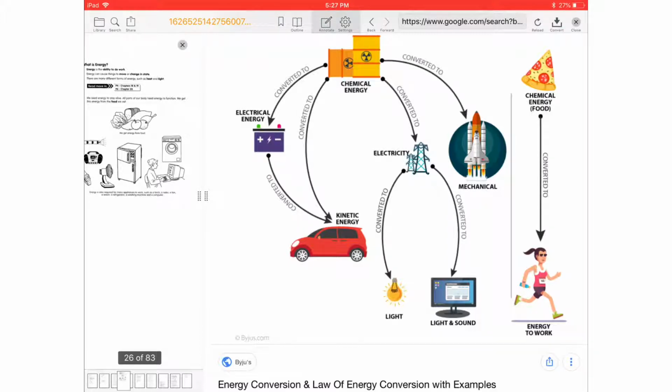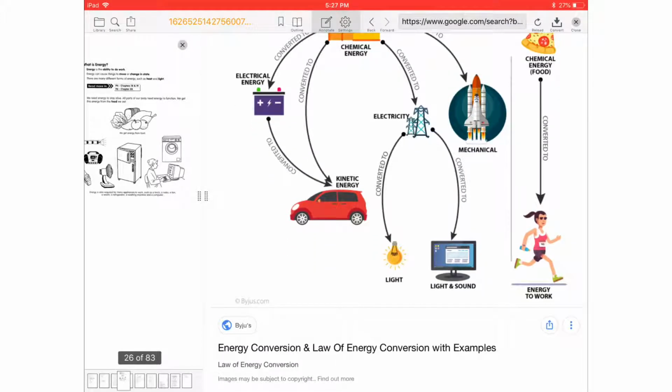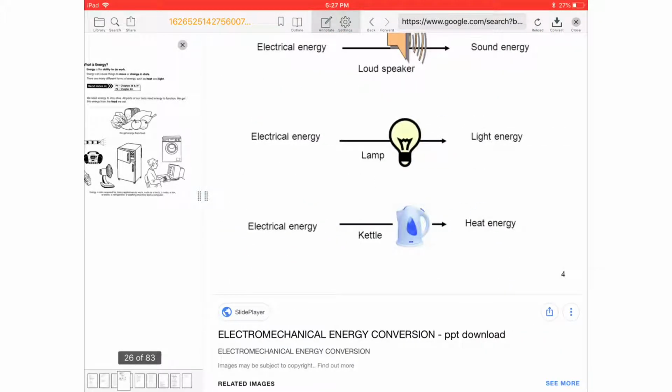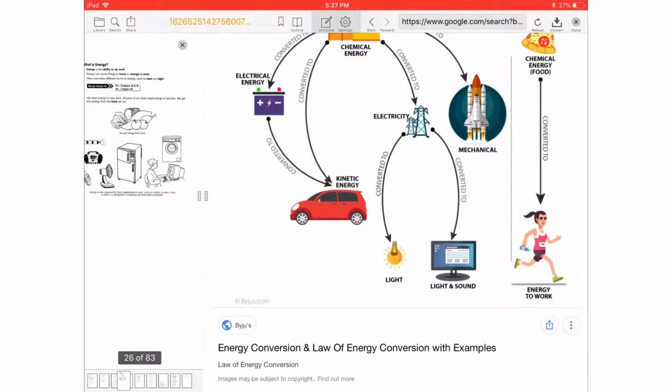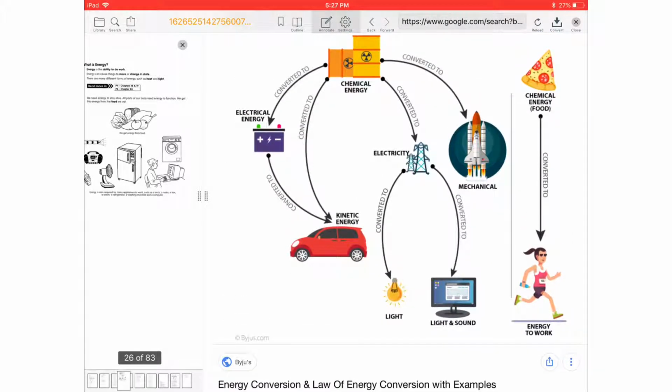So electrical is the one that we use most of the time. In PSLE Science, apart from knowing the different forms of energy, you need to understand the conversion. That is the most important thing.